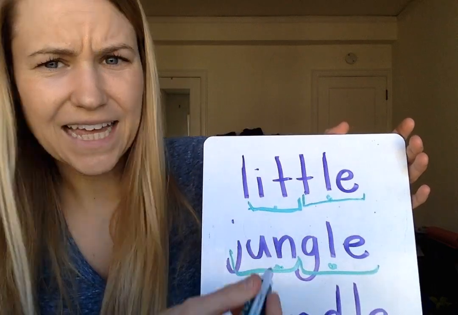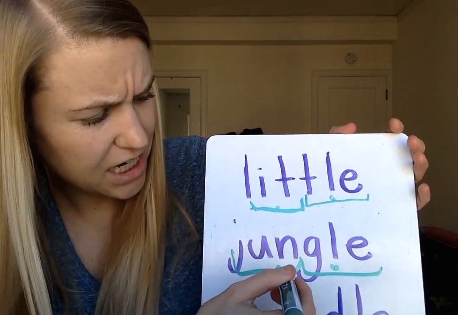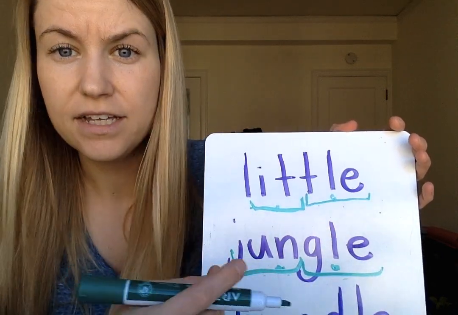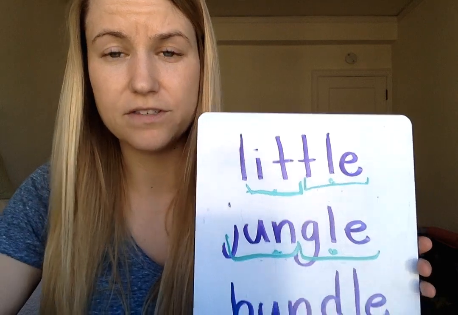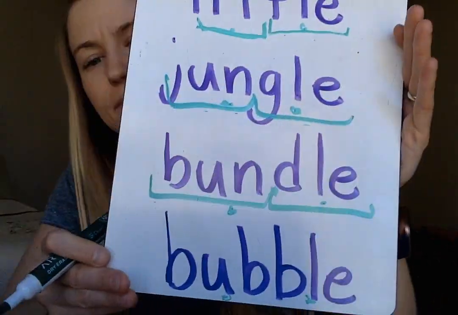If you're somebody who's like, I had to go jungle, that's okay. That's fine. We're just focusing on those chunks. And these are all two-syllable words. Jungle, bundle, little. And my last one, bub-bull.